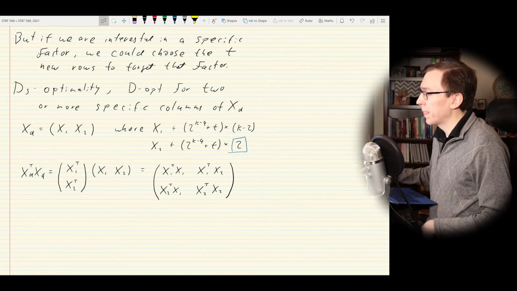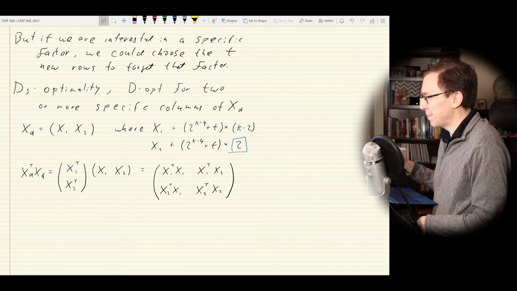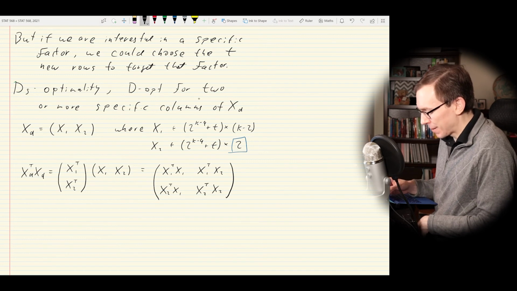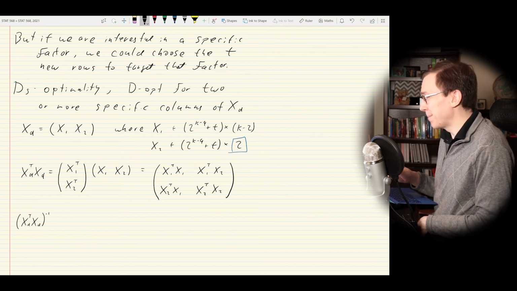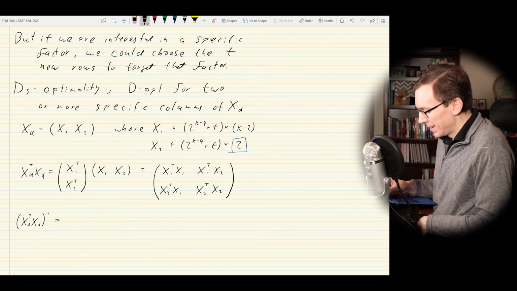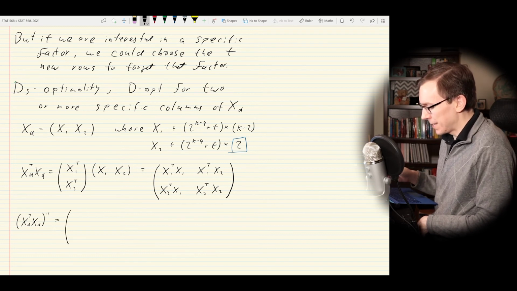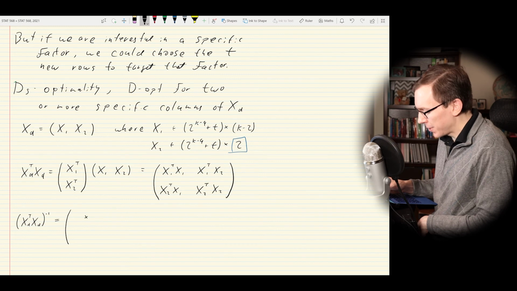Now, the reason why we do that is because we can do a block matrix inverse, which I never remember the formula for, but luckily I have it written down, and you can always find it on Wikipedia or in textbooks. So if I want to invert this blockwise, I'm going to have 3 entries that I don't care about, which I'm just going to denote as star.